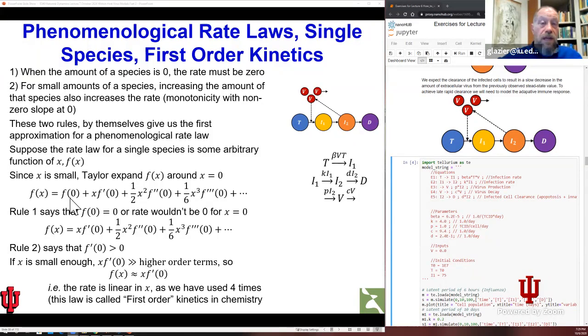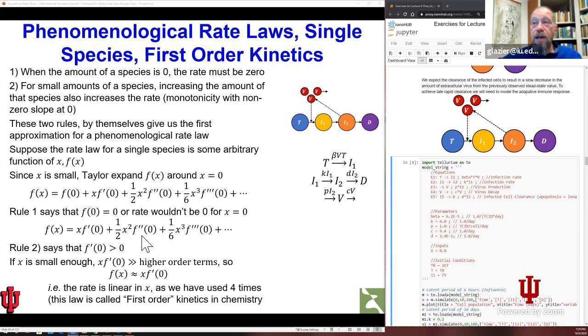Rule number 1 says that f of 0 has got to be 0, because otherwise at 0, all of these later terms are 0, so f of 0 is f0. So that means that first term disappears. Rule 2 says that f prime of 0 has to be positive, or my rate would go negative for small values, and I'm not allowed to do that because that would force my value to negative.